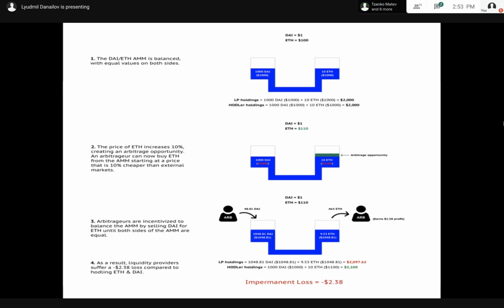While we would have had just this, $2,100 by holding.